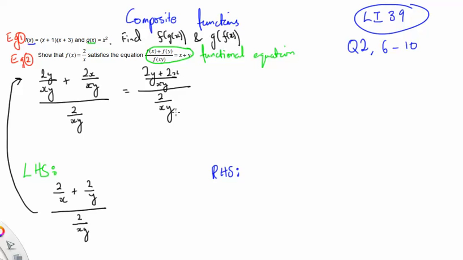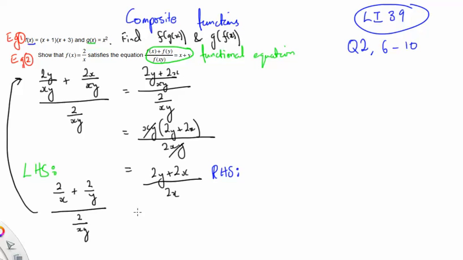Well, if we use that rule where you multiply the top and bottom and you multiply the middle ones, because we're familiar with that, you get xy, 2y plus 2x over 2xy. Well, those cancel. And then we get 2y plus 2x on 2, and we can take out 2, y plus x.